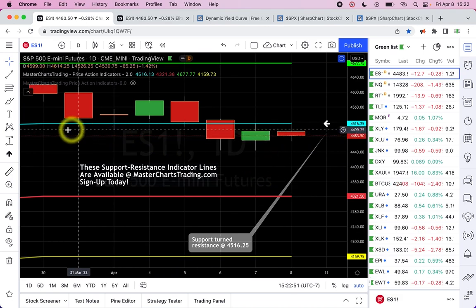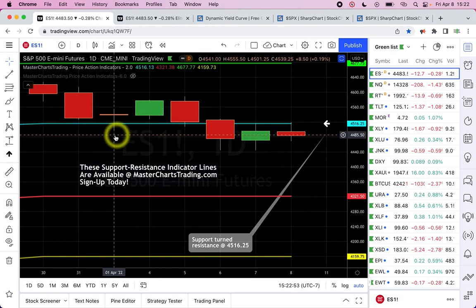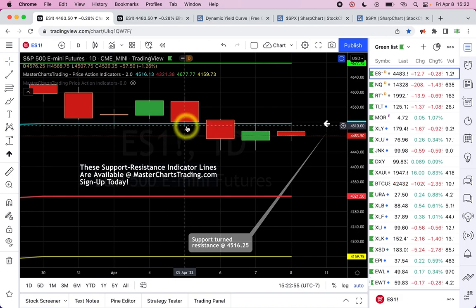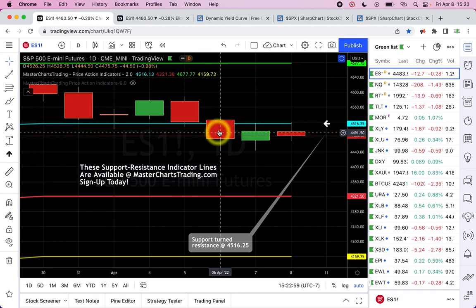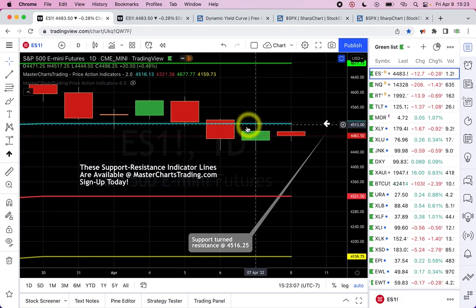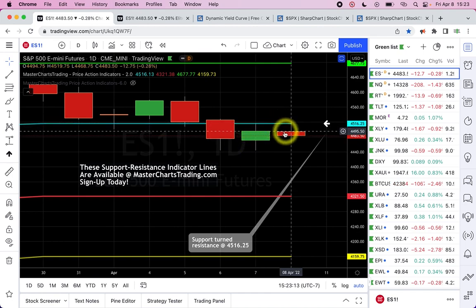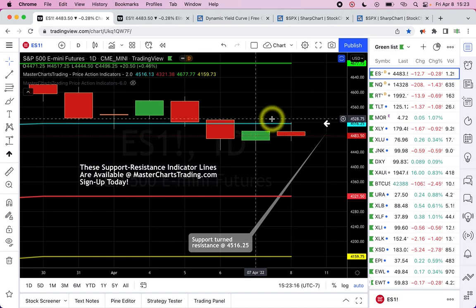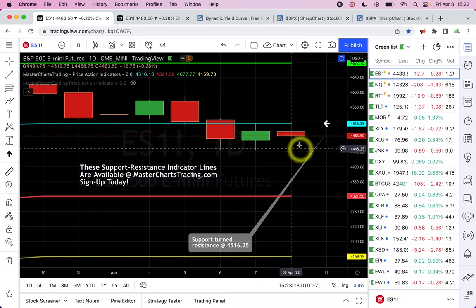So this blue line was support up until the 6th of April, when that support was broken. And then again on the 7th of April and on the 8th of April we tested this overhead resistance. So price came up to that support resistance line and was rejected. Twice already this support resistance was rejected by the price.